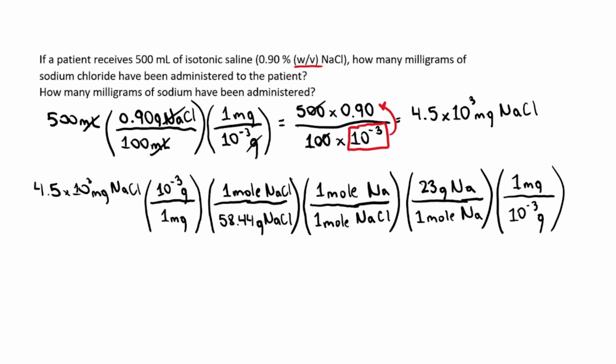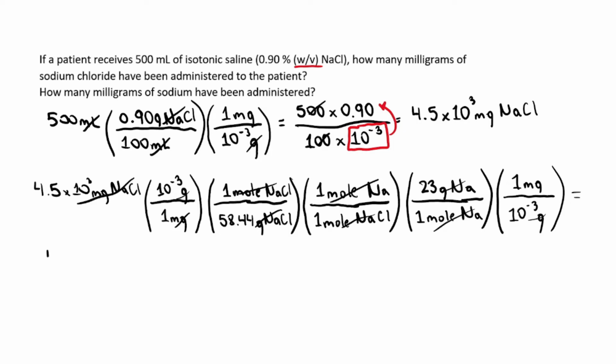All right, so now we can cancel our units. So milligrams of sodium chloride, grams of sodium chloride, moles of sodium chloride, moles of sodium, grams of sodium, milligrams of sodium. Now all we have to do is multiply straight across the numerator and the denominator and then divide.